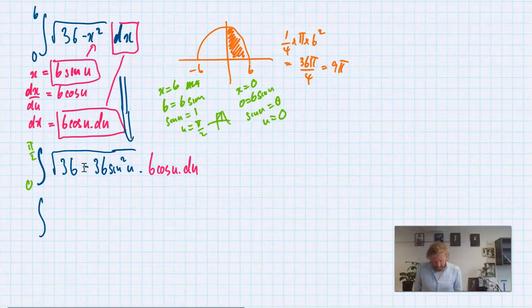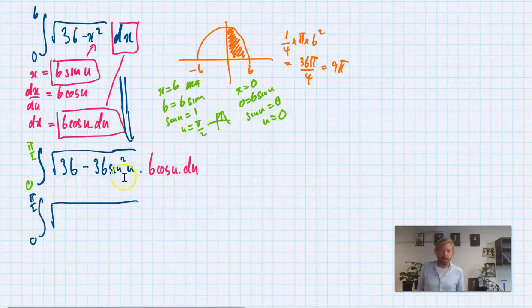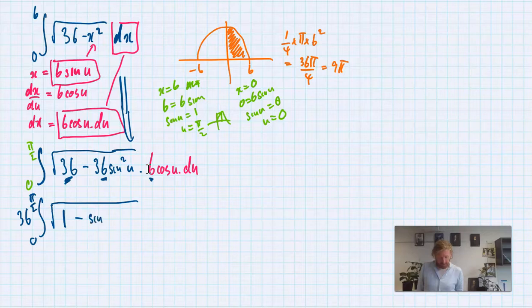That's the integral from 0 to pi on 2. I'm going to take the 6 out from here, and the 6 out from here, and I'm left with a 36. That's because this 6 and this 6 is 36. Here I'm left with 1 minus sine squared u, and then I've still got a cos u du.